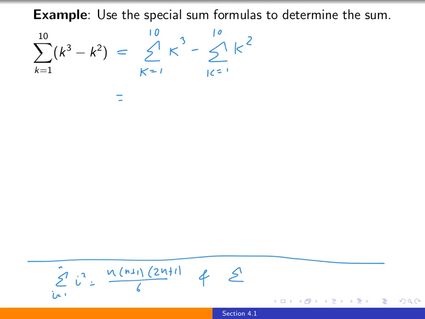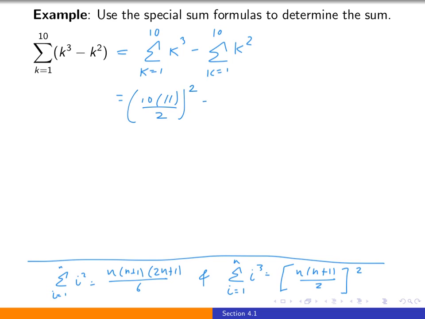And we had the formula, the sum from i equals 1 to n of i cubed is the quantity n times n plus 1 over 2 squared. So the first sum, we can use the formula for i cubed, except instead of an n, we are plugging in a 10. So this would be the quantity 10 times 10 plus 1, so 11, all over 2 squared.